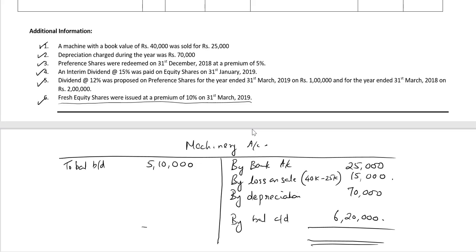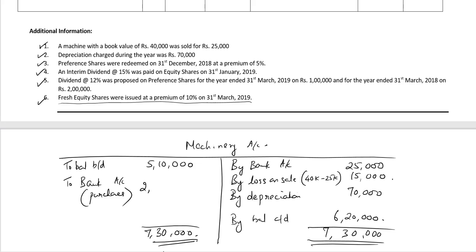The greater total is on the credit side, and the balancing figure will be to bank for purchase of machinery. ₹7,30,000 rupees is the greater total. 2,20,000 rupees is the purchase of machinery. So we completed the machinery account.